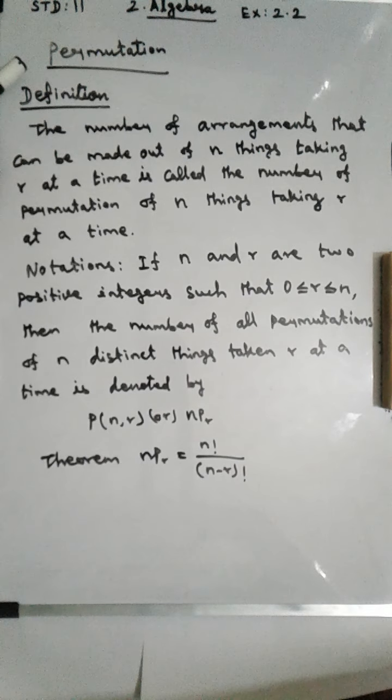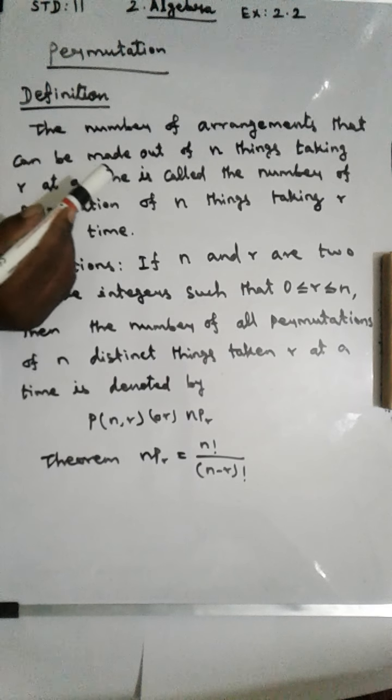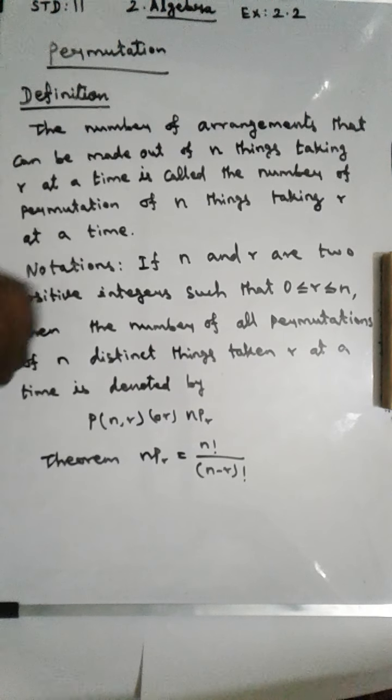Next is the permutation definition. The number of arrangements that can be made out of n things. The total number of things is n.